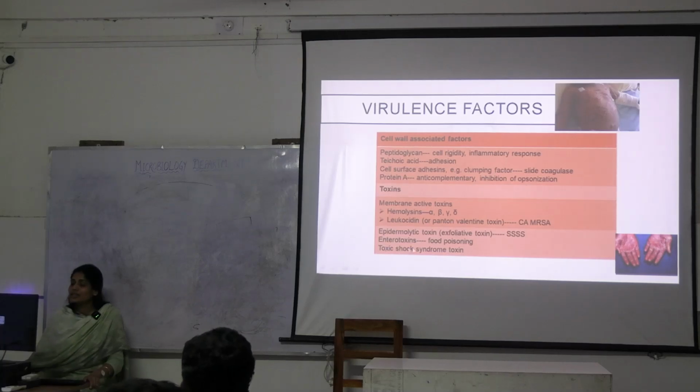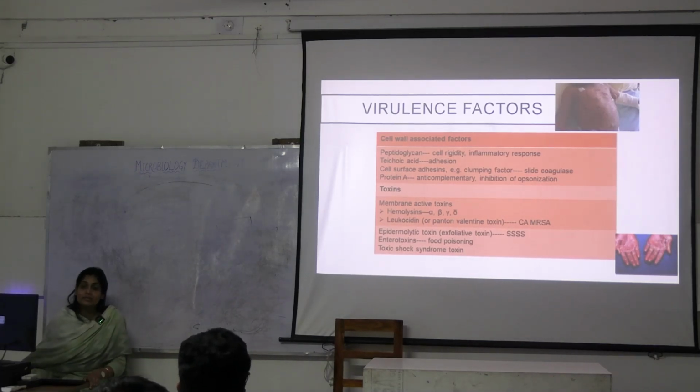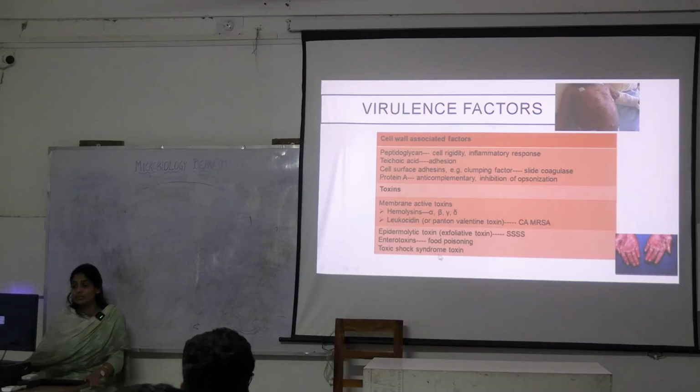Does that mean this can't be seen in males? This can be seen in which cases? Osteomyelitis, staphylococcal osteomyelitis, abscess, carbuncle, you know, big pus collection in the body with Staph aureus. This toxin is released and the person goes into shock. Okay, this is about staphylococcal toxic shock syndrome.